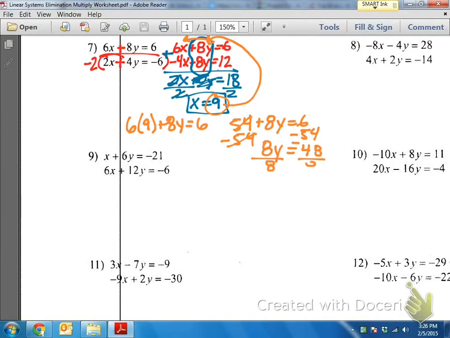Divide by 8 on both sides, and we get y equals negative 6. So even though we did it a different way, we got the same answer, 9 comma negative 6. The whole premise of this is that you have to find the inverse, and rather than just multiplying by negative 1, you have to multiply by something that's going to make an inverse of one of the equations. So that's how you do it.